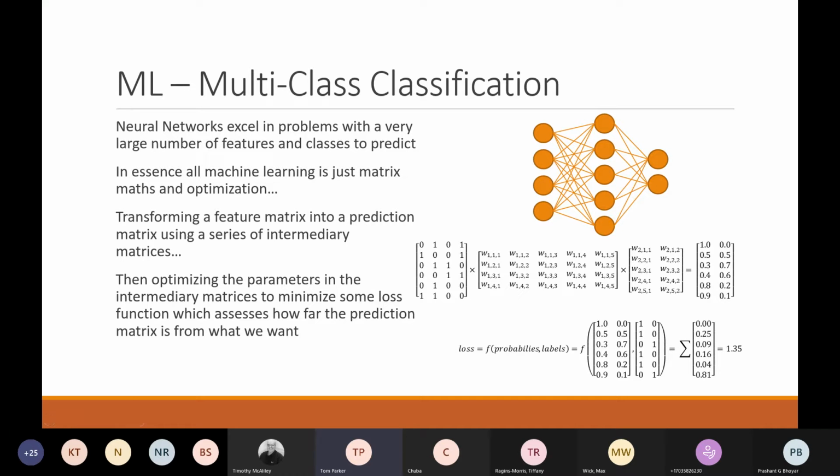And then you just do an assessment to see, okay, these are the probabilities which we calculated here on the basis of pure randomness. And you do an assessment of how close those are to the actual labels in the training data to calculate a loss function.